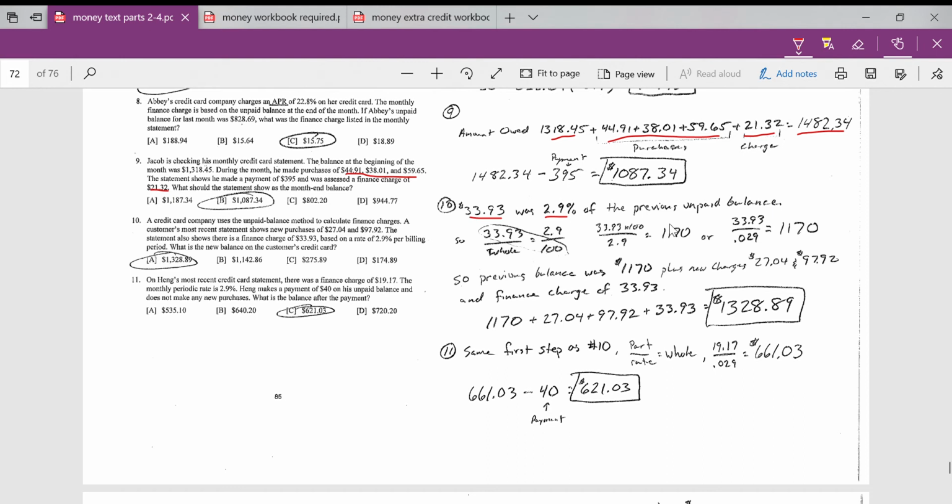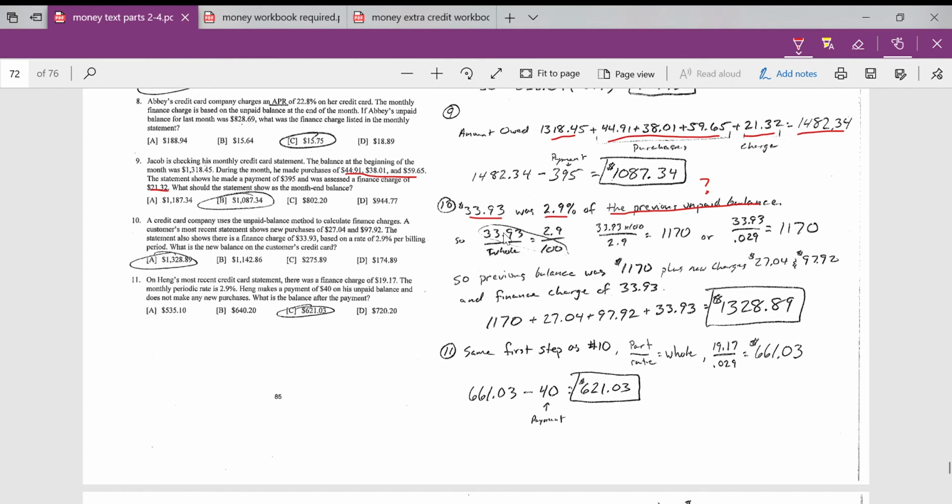So going back to percent problems, we always would look after the word of, and that would be our whole. So we know 2.9 is the interest rate, has a percentage sign. After the word of is the whole. Well, that's what we don't know here. That is the question mark. That means the 33.93 is the part.